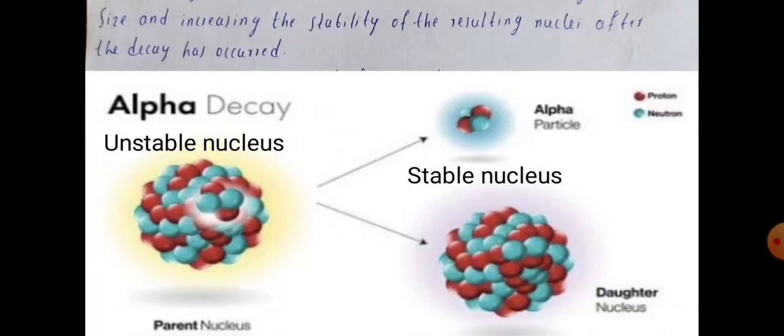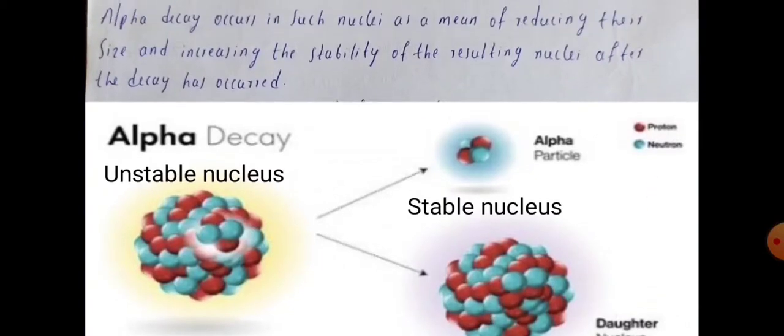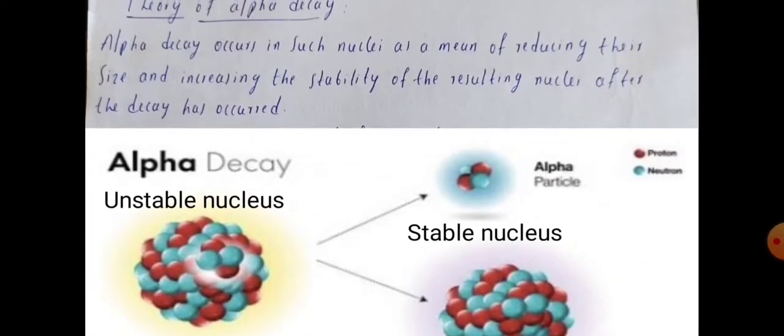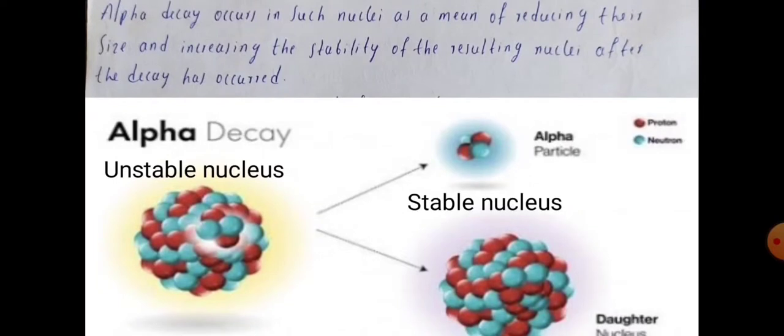The parent nucleus, which has higher mass, after emitting an alpha particle has its mass reduced, so it becomes a stable nucleus. Here we can see that the daughter nucleus has reduced its size as compared to the parent nucleus.